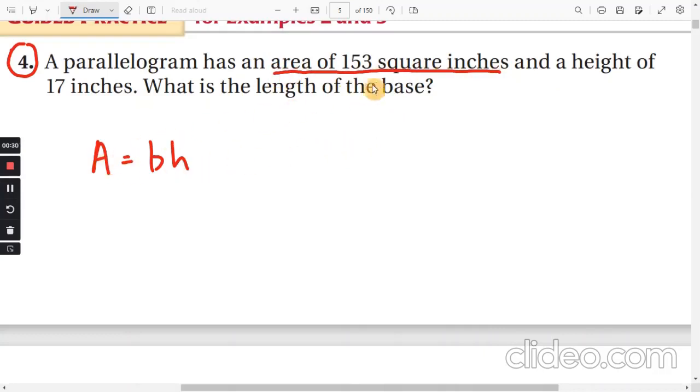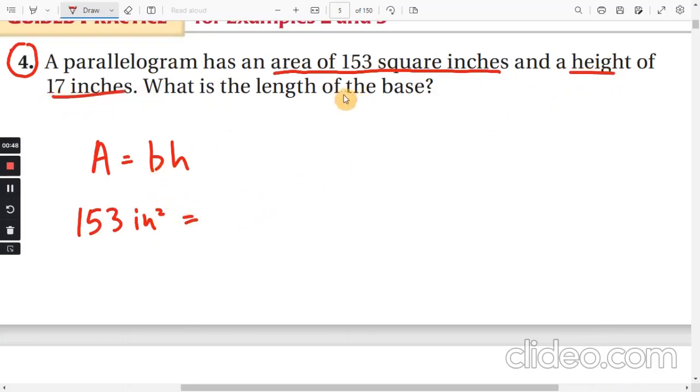So in place of area, I am going to plug in 153. And I'll plug in the square inches as well for now, just so you can see the units. And the height is 17 inches.